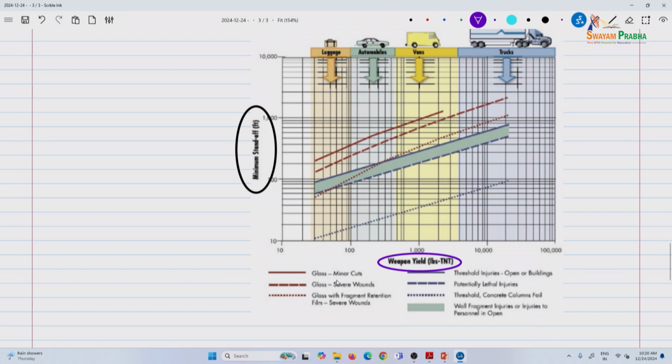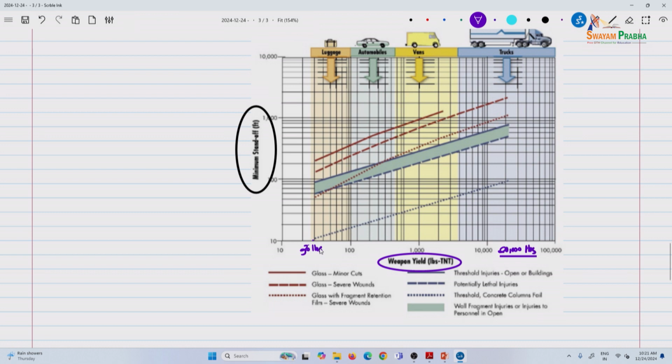So it starts with glass and minor cuts. Clearly you need much more standoff distance, even for 10,000. So this is 10,000 pounds. We have talked of up to 20,000 pounds. Remember that. This is the highest range, and down in the 50s, this is 30 pounds.